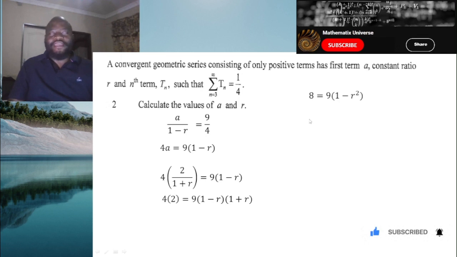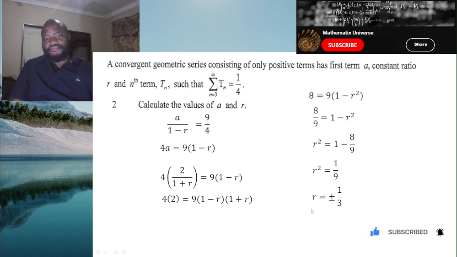So you'll have 9r squared equals 1, and then you can solve it that way. But I did it this way. I first divided by the 9. And then I took the r squared this side and the 8 over 9 to the other side. Then 1 minus 8 over 9 is 1 over 9. Then we square root both sides, we get r equals plus or minus 1 over 3.